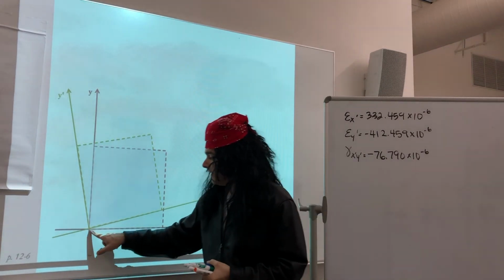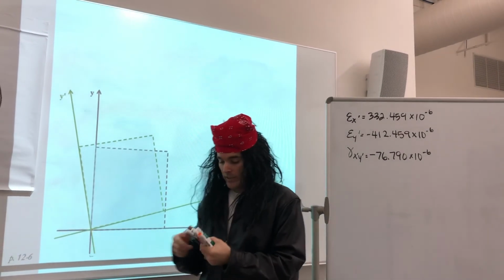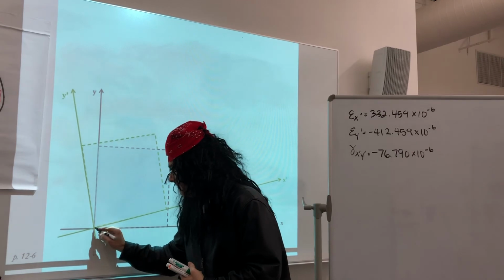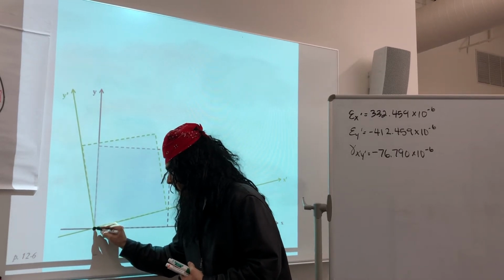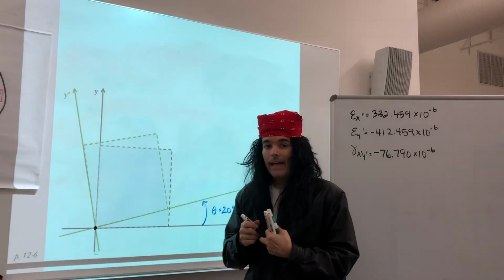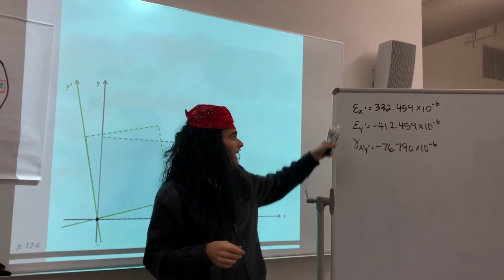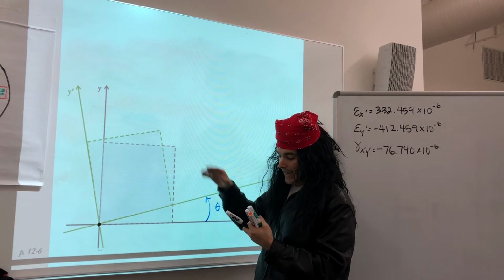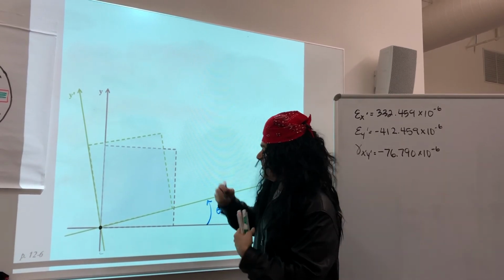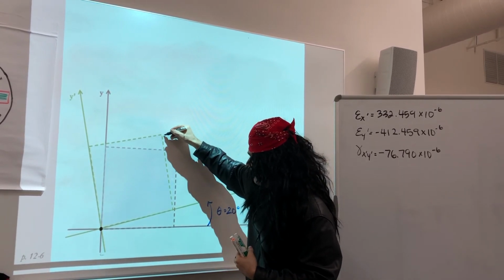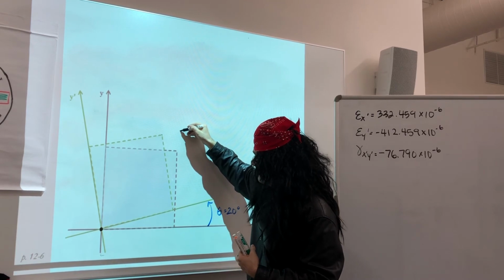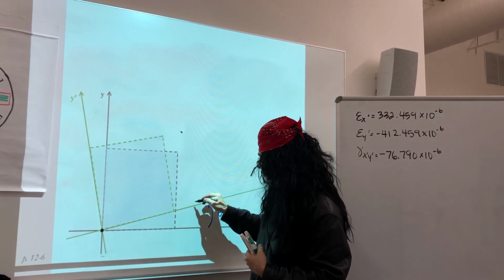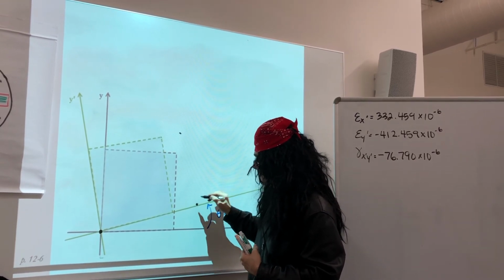So if I anchor this point at my origin, this point is not going to move. Then if I had a positive strain in the x prime direction, this block would extend in the x prime direction. So this point would move in the x prime direction, and this point would also move in the x prime direction.